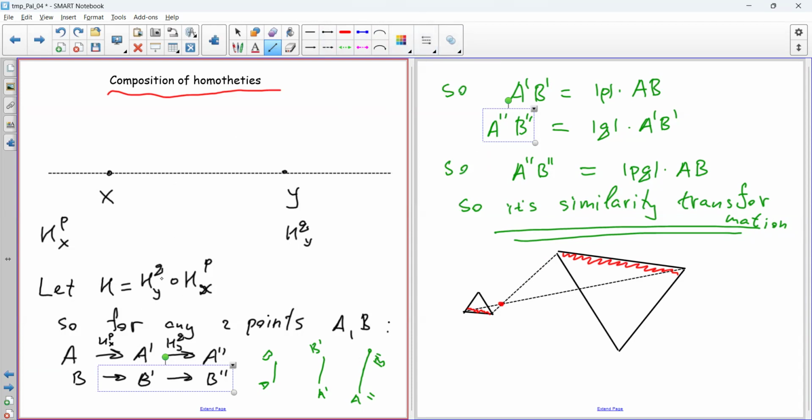Just keep in mind that if we have the case when p times q equals 1, which makes this coefficient equal to 1, we may have an exceptional situation when the initial position and the end position of the triangle are not homothetic to each other, even though they may be obtained by a composition of two homotheties. So if they have equal size and they are oriented equally, that is this situation.